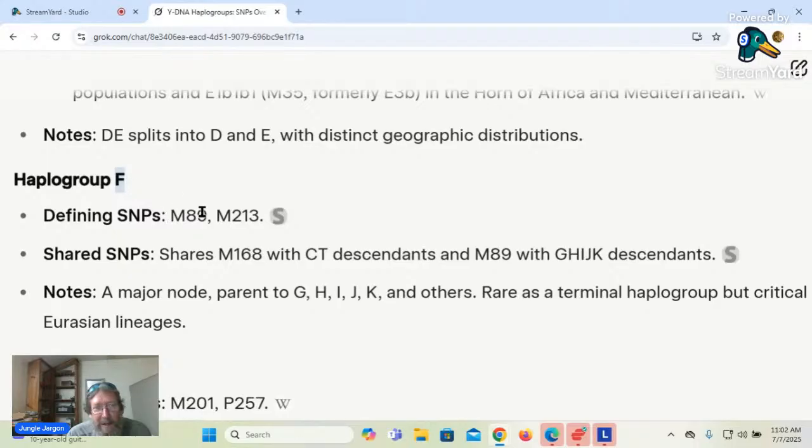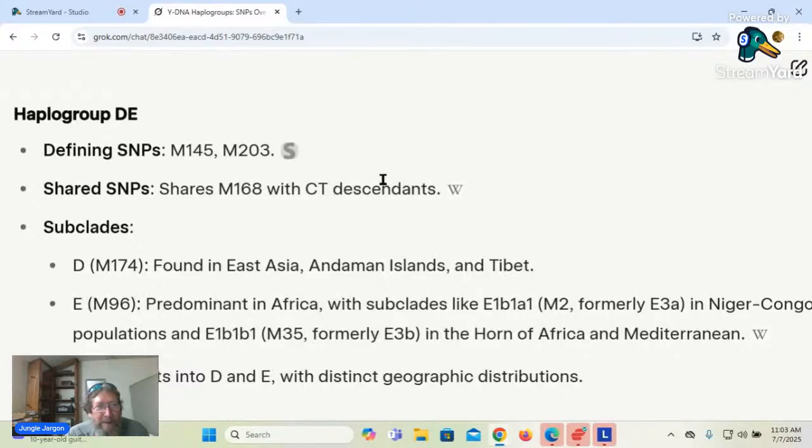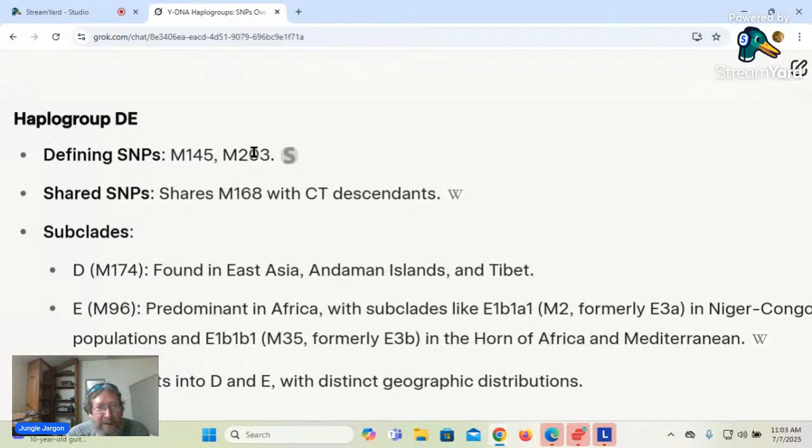This is the end of the line for those inheriting M89, because the Hamitic lineages, the DE doesn't have it. They don't have it. They do share the M168.